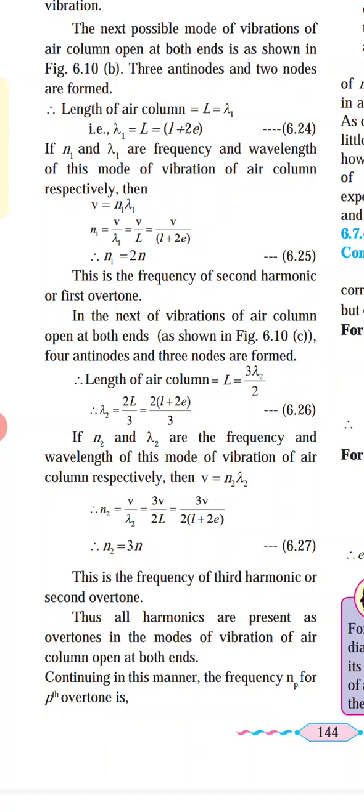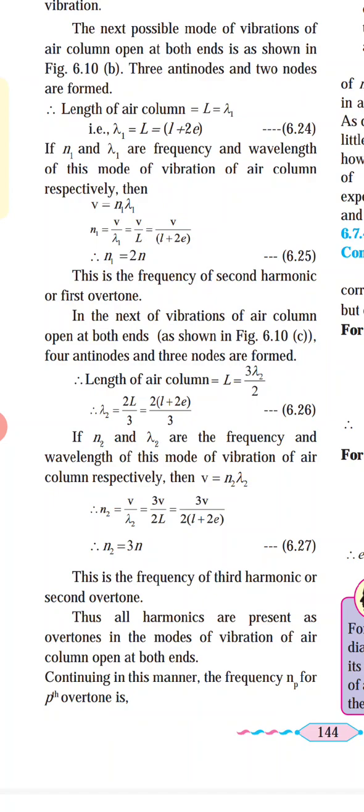If N2 and lambda 2 are frequency and wavelength of this mode respectively, then V is equal to N2 lambda 2. So N2 is equal to V upon lambda 2, which is 3V upon 2L, because lambda 2 is 2L by 3, which is equal to 3V upon 2 into L plus 2E. So N2 is equal to 3N. This is the frequency of third harmonic or second overtone.